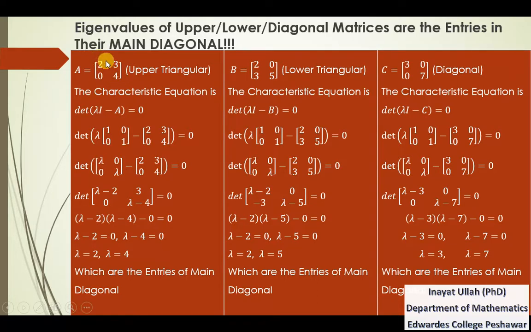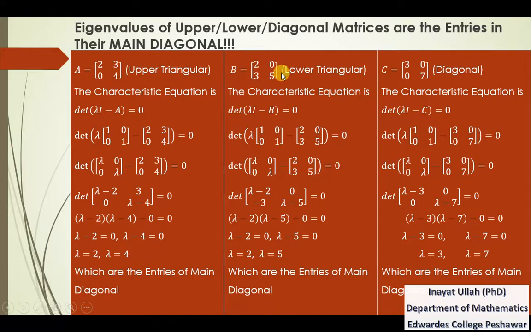So whenever you are given an upper triangular matrix, then directly we can say that the eigenvalues of this matrix are 2 and 4.